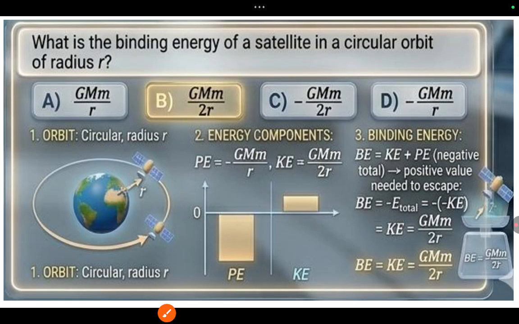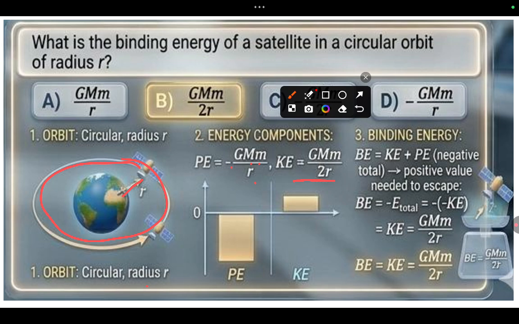What is the binding energy of a satellite in a circular orbit of radius r? The satellite is revolving around the Earth, and from here to here the distance is r. As we know, there is potential energy and kinetic energy. Potential energy we showed just now, minus G M m by r. Kinetic energy is G M m by 2r.